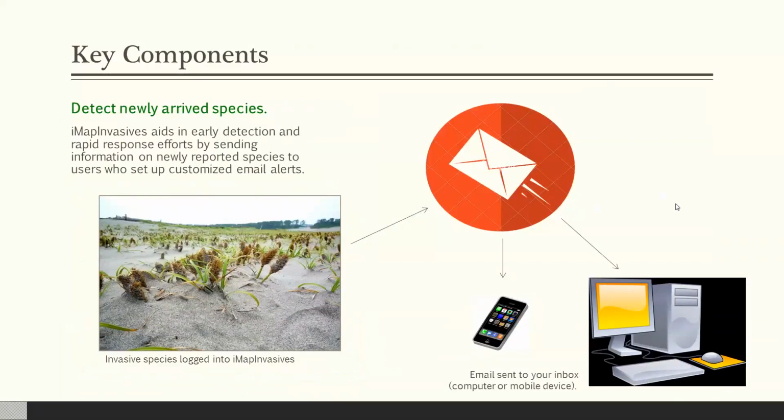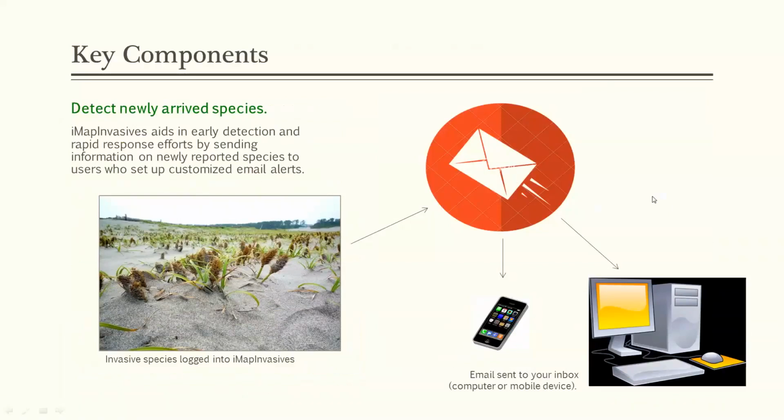So you can customize your alerts however you want. And when something is reported to the database and it triggers the alert that you set up, you would get an email sent to your inbox, which is a really nice way to keep track of what you're most interested in.